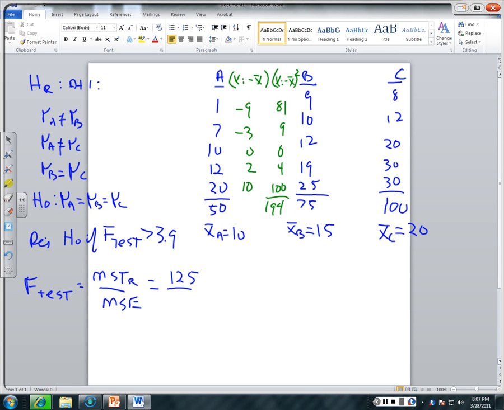That's 194. And so S squared A is equal to the sum of the squared deviations divided by n minus 1. Don't take the square root. So 194 divided by 4, I believe that's 48.5.